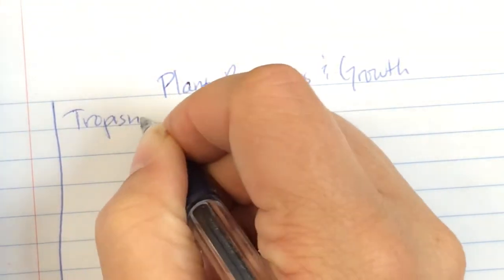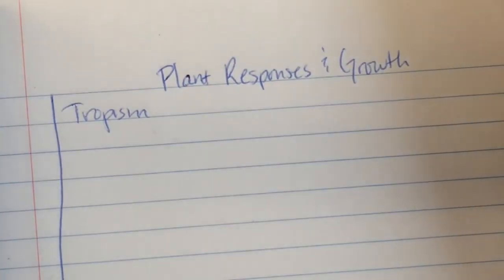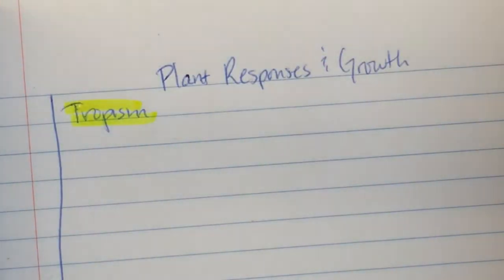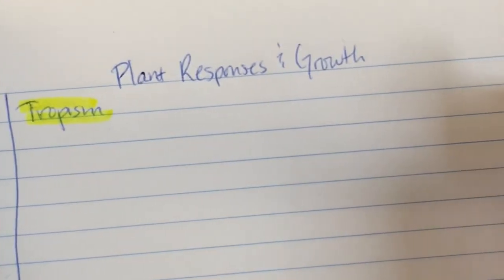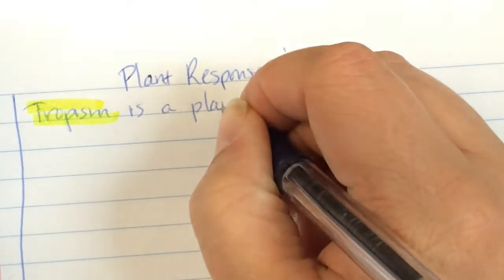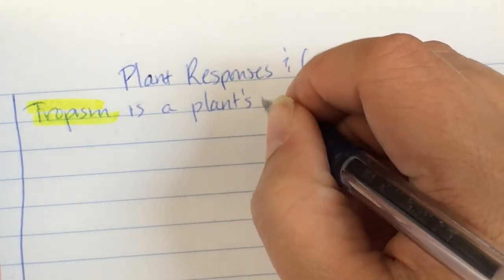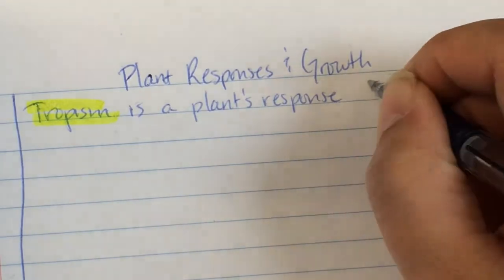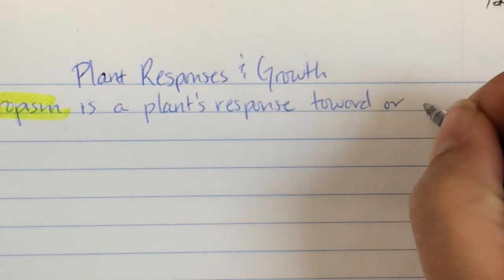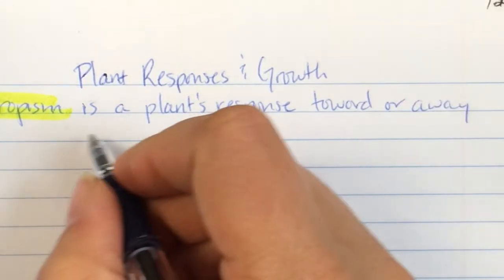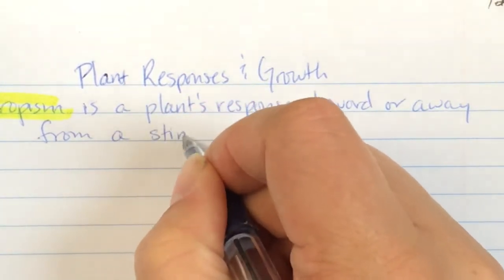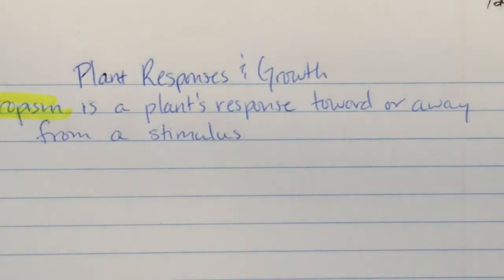And if you have a highlighter handy, that's one of our big vocab words, I would go ahead and highlight it. So a tropism is a plant's response toward or away from a stimulus.